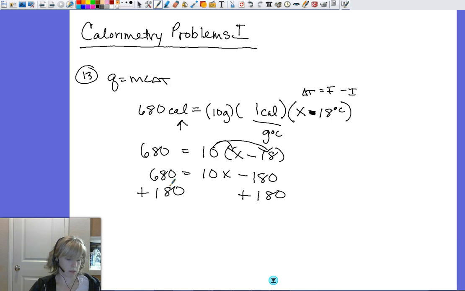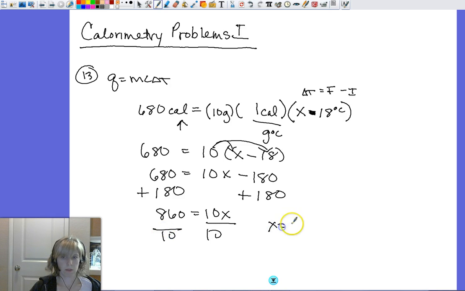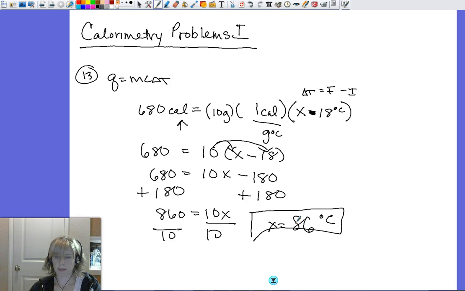We have 680 plus 180 equals 860. So we have 860 equals 10x, and our x is going to equal 86 degrees Celsius. So that is our final temperature. So if we added 680 calories to the water at that temperature, we'd raise it to 86 degrees.